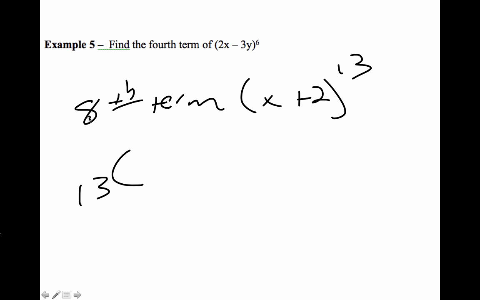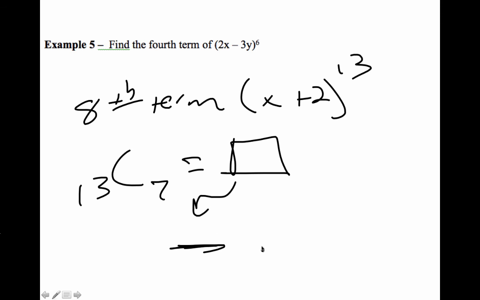But if I count 0 and go to the 8th term, I'm going to need a 7 here. If you think about what the exponent would be, that will give you the coefficient. Whatever your calculator gets for 13c7 is your coefficient.